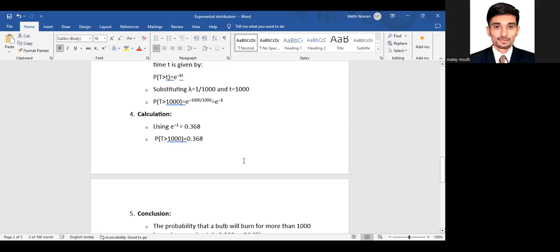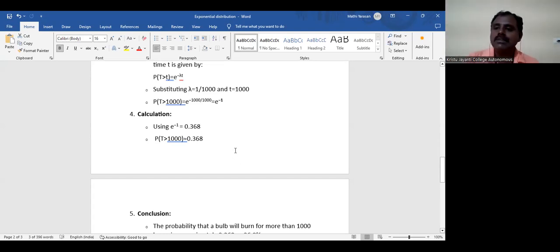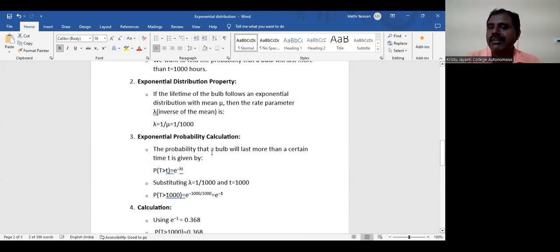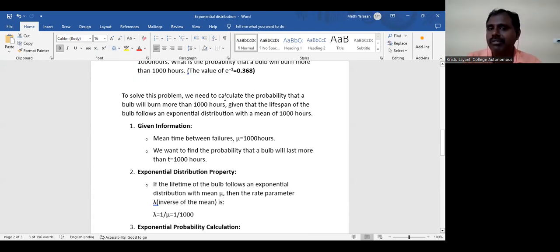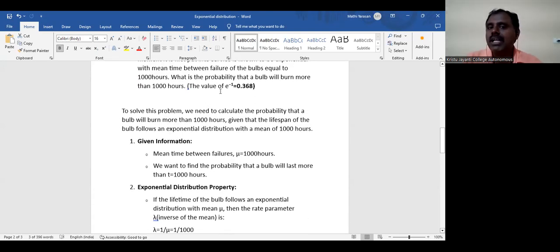Yes. So this e raised to minus 1, that is also kind of a problem value in calculation. Finally, there is an exponential distribution table value, sir. Instead of giving the table value, as I said, even for the standard normal table, sometimes instead of giving the table, they will specify the value in the problem itself. In the same way, they have given here the value of e to the power minus 1.